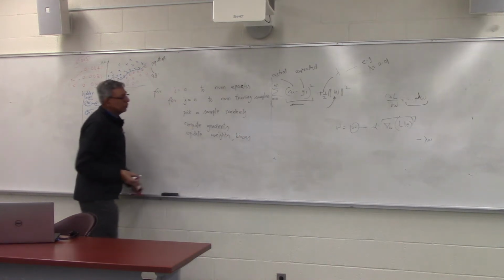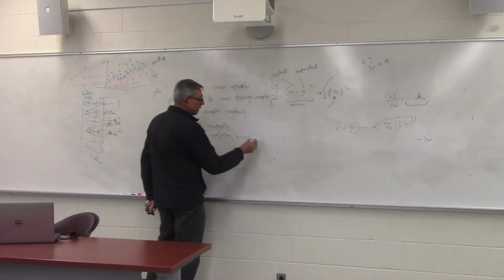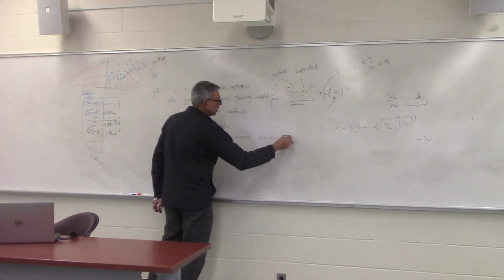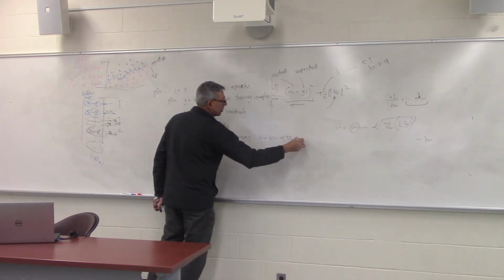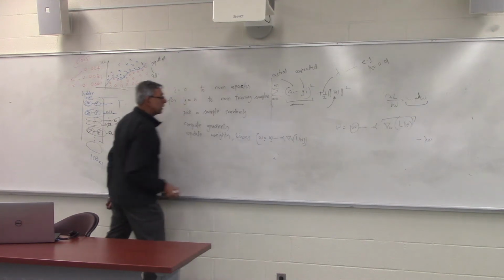As we mentioned, this will be according to the gradient descent rule, meaning W equals W minus alpha times the gradient with respect to W, and the same thing for the bias.